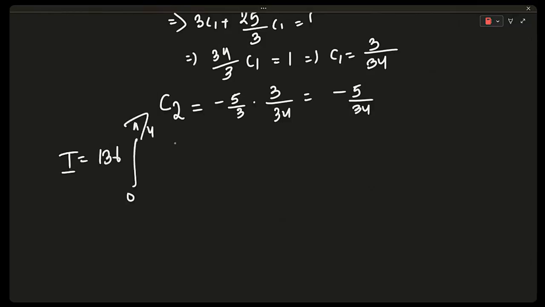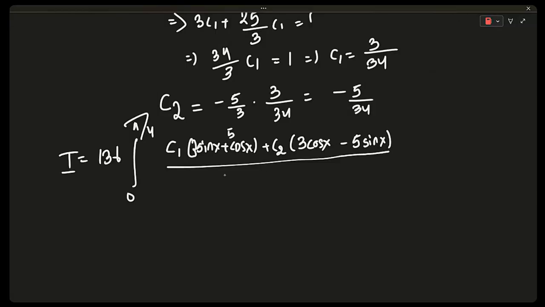The numerator becomes C1 into 3 sin x plus 5 cos x plus C2 into 3 cos x minus 5 sin x, divided by 3 sin x plus 5 cos x. Okay.